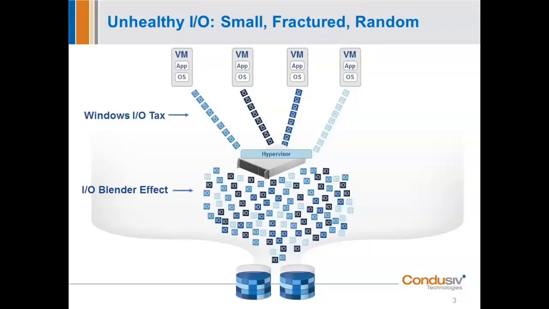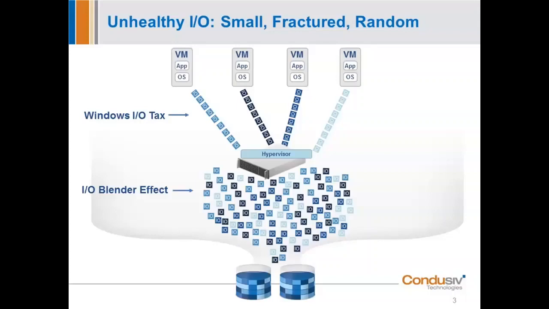The reason is the Windows system doesn't know how big that file is when it gets created, or how big that extension is going to be. So it just looks for the next allocation. This is all happening on the Windows layer at the virtual machine. And if it doesn't fit in that next allocation, it has to go find another allocation, which is another I/O, and so forth. So that's why it breaks it down into these small random I/Os.